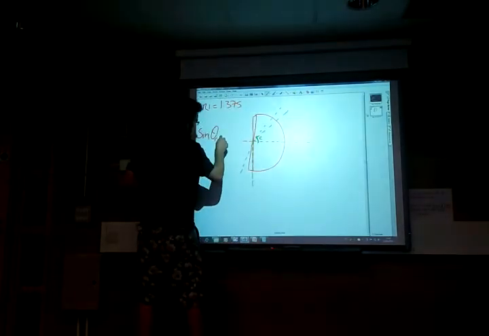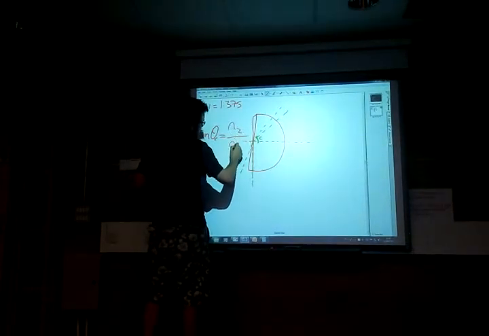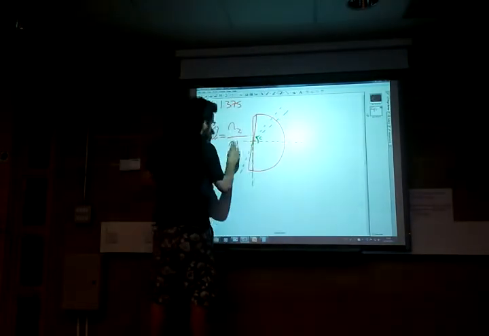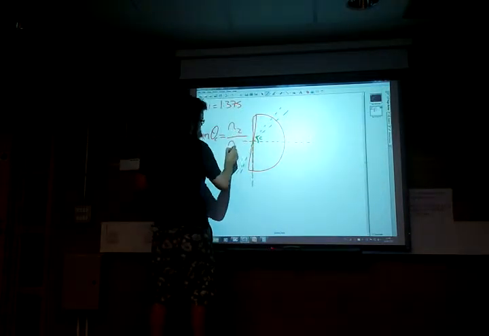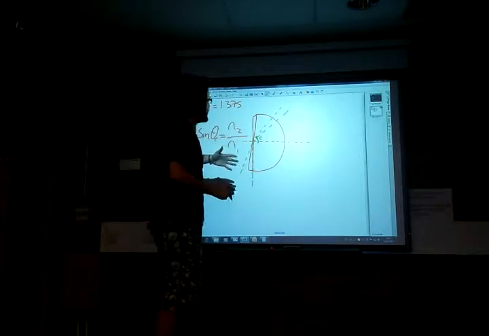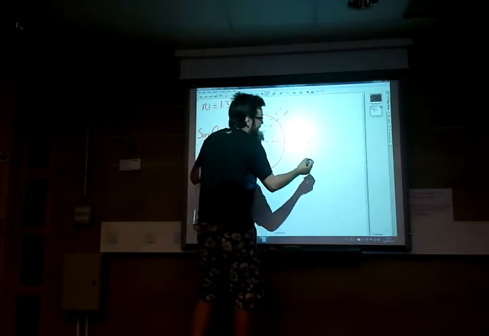In order to work that out, the way that it's written is n2 divided by n1, okay? Now, all n stands for is the refractive index. So what we're taking is n2. n2 is what it is refracting into, so n2 in this case is air.